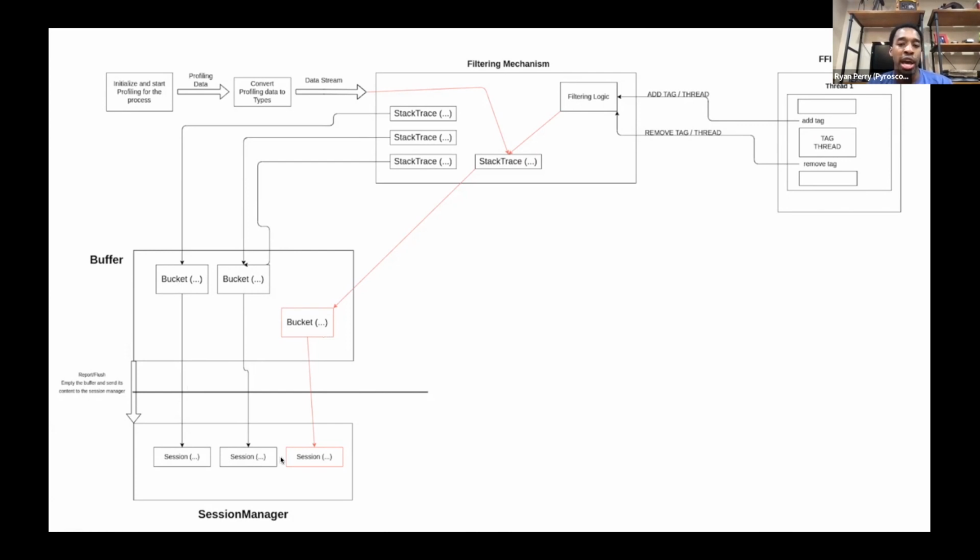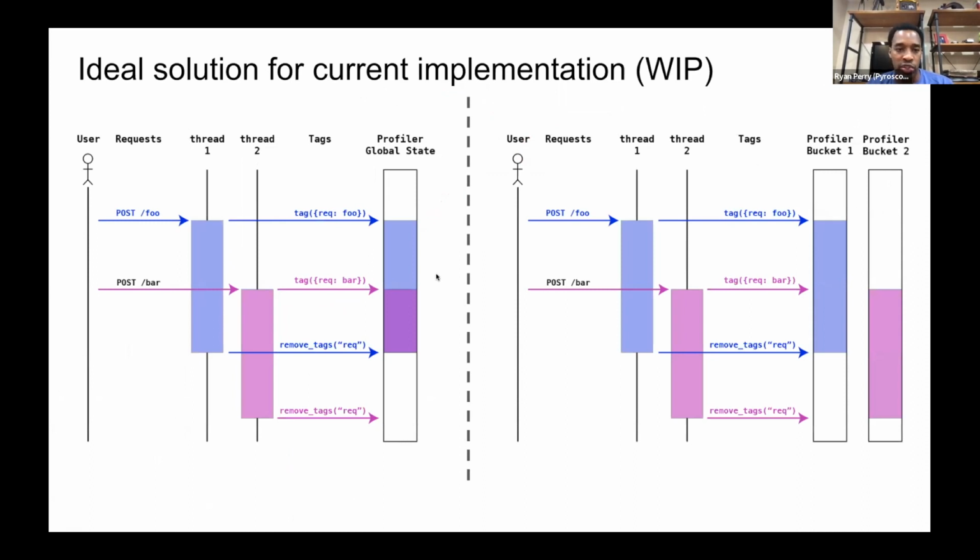So in the end, we go from this version on the left, which is the version I just showed, to this version on the right, where there's no longer a global state, but each thread has its own separate bucket and its own separate set of tags. That allows you to make this work for bigger Python applications.